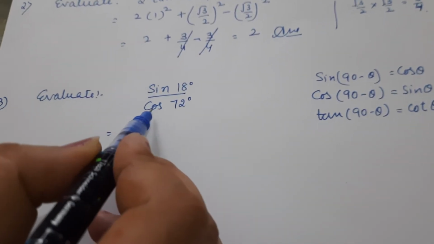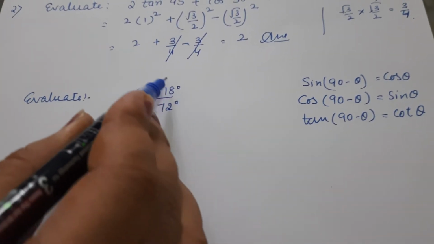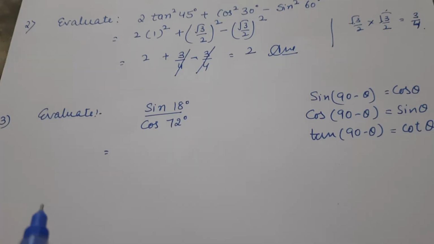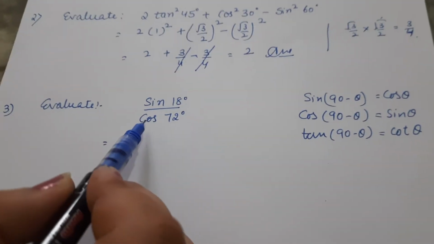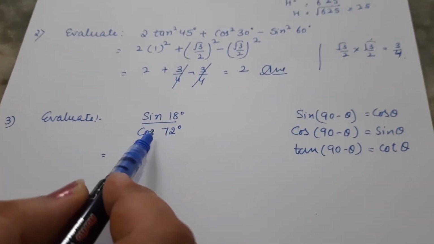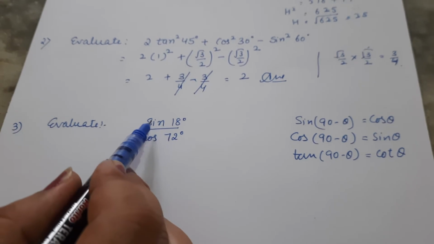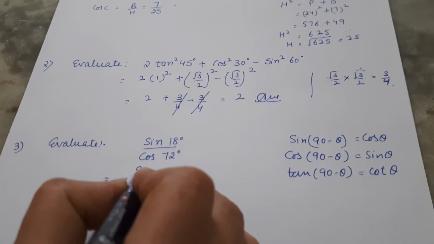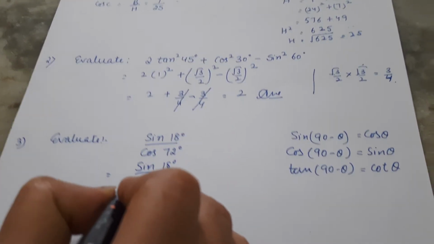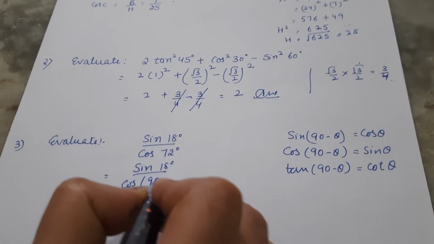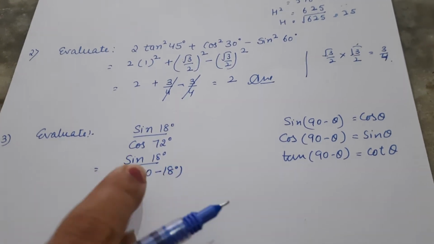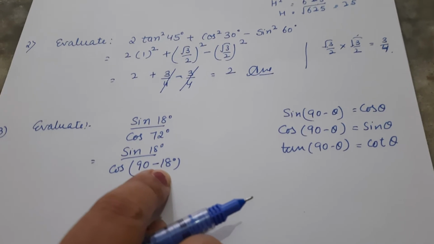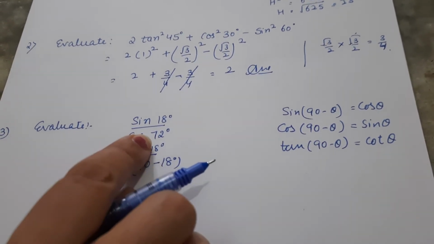So sine 18 degree and cos 72 degree. What we can do is convert one of the angles in the same way. If we have a sine here, we can convert this cos into sine. How? If I do 90 minus 18 degree, that is, if I subtract 18 from 90, what do I get? 72, right?